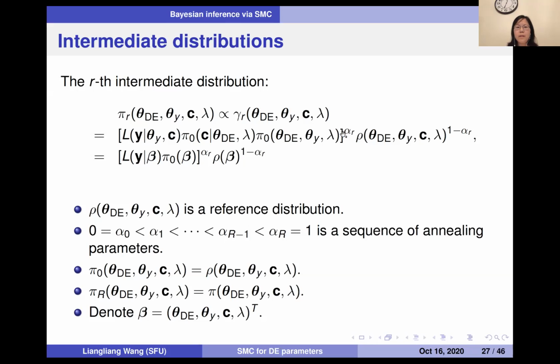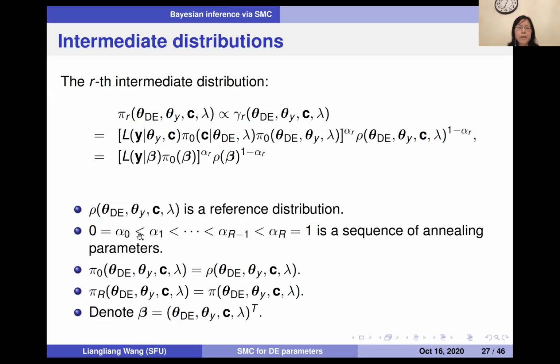Basically, we have the target distribution with the annealing parameter alpha sub r, and we have this reference distribution with the power 1 minus alpha sub r, and we have a sequence of annealing parameters that goes from 0 to 1.